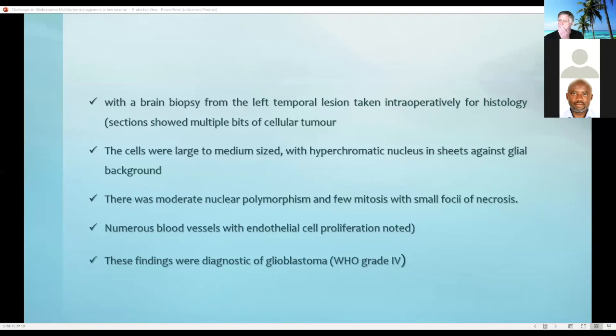There was moderate nuclear polymorphism and a few mitoses with small foci of necrosis.